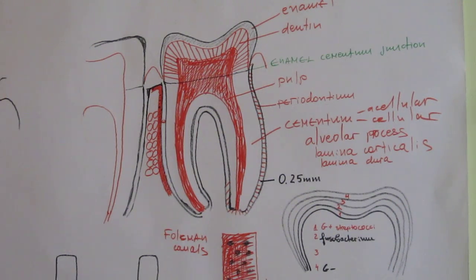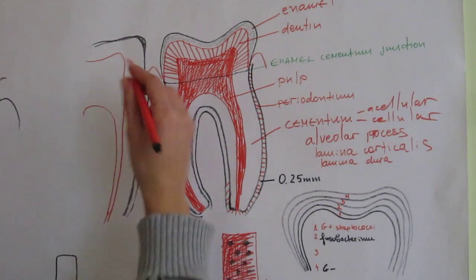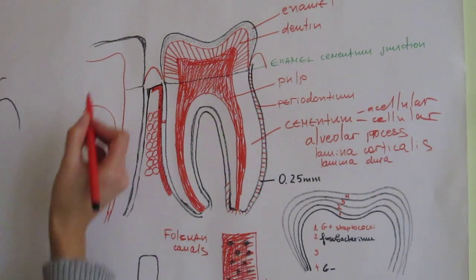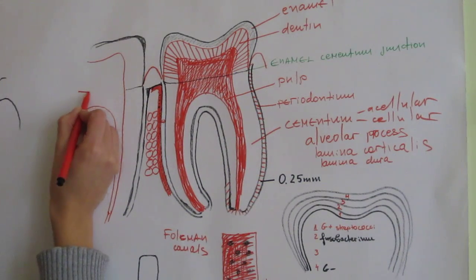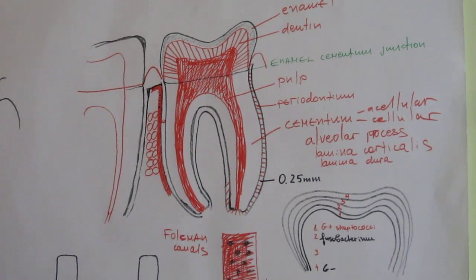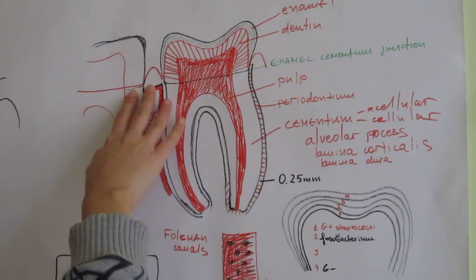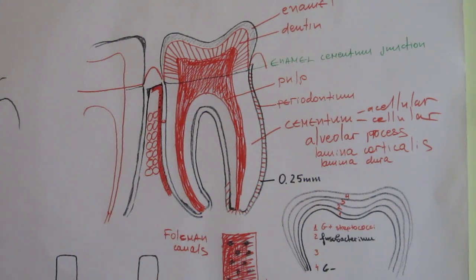So I'm gonna tell you about gingiva now. We have different types of the gingiva. As you see, this is the interdental papilla. Here is the marginal gingiva, and this marginal gingiva is situated a little bit above the enamel cementum junction, or on it usually.